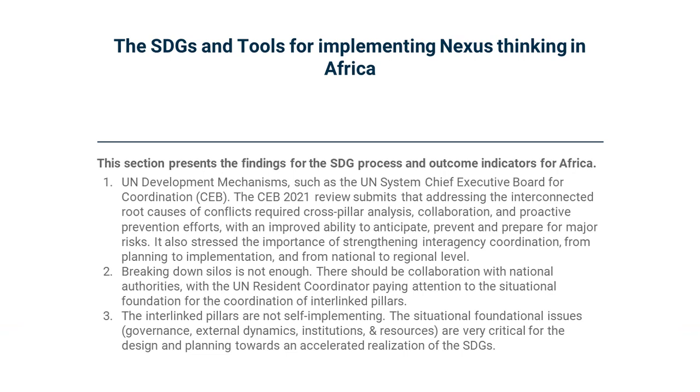The CEB 2021 review submits that addressing the interconnected root causes of conflicts required cross-pillar analysis, collaboration, and proactive prevention efforts with an improved ability to anticipate, prevent, and prepare for major risks. It also stressed the importance of strengthening interagency coordination from planning to implementation and from national to regional level.